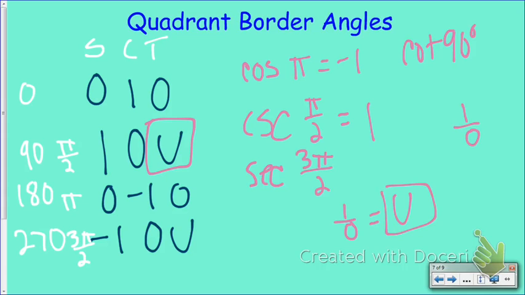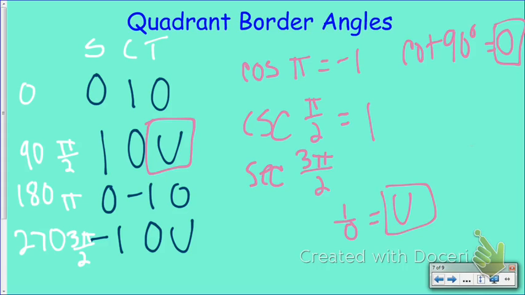And if I flip 1 divided by 0, it becomes 0 divided by 1. So the reciprocal of undefined is 0. So when I'm finding reciprocals, the reciprocal of 1 and -1 is still just 1 or -1. It doesn't change. But the reciprocal of 0 is undefined, and the reciprocal of undefined is 0.